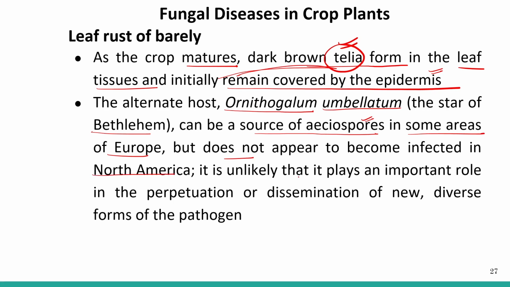It is unlikely that it plays an important role in the perpetuation or the dissemination of a new diverse form of the pathogen. So basically, the first one is the urediniospores, next is teliospores, and after that aeciospores are formed. But in all, aeciospores are not found in all areas, right?